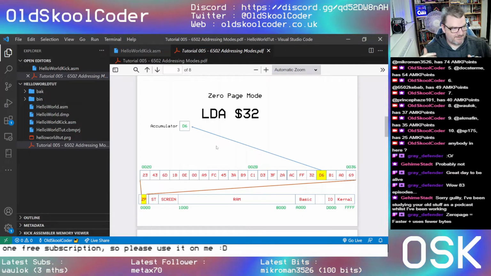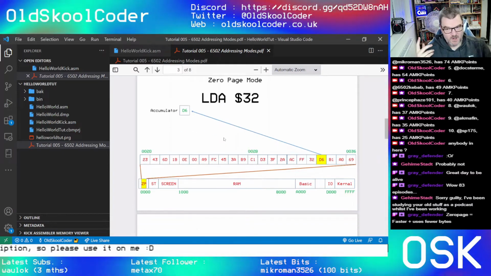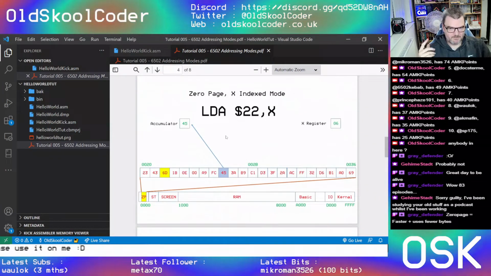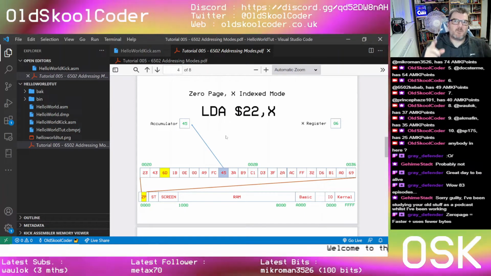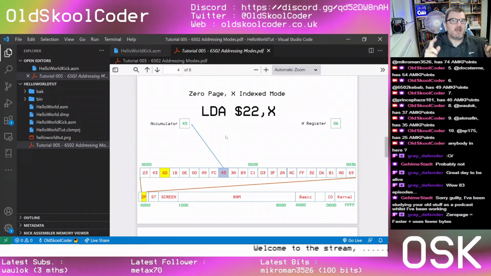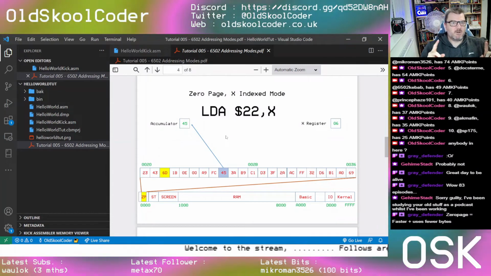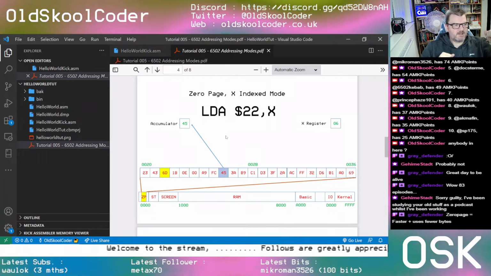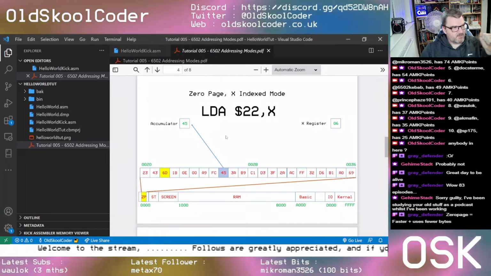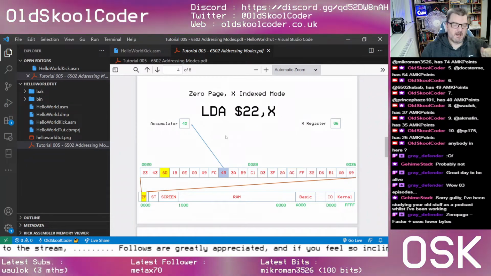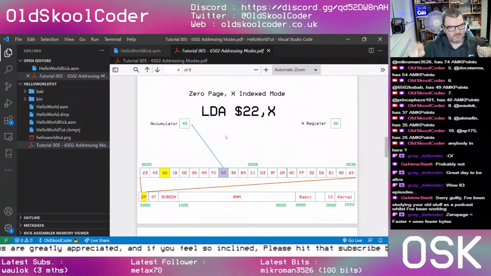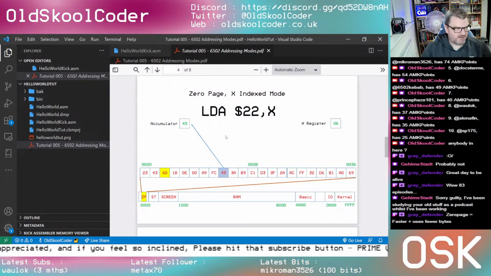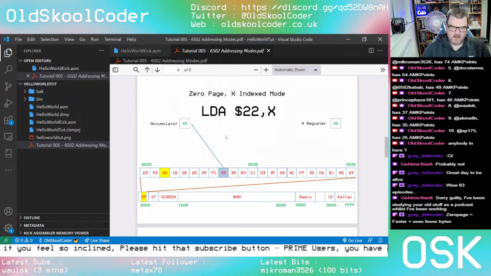Now we start getting more complicated when we go into the next one. This one is exactly the same as load 0 page. The only difference is now you're telling the CPU, 22 is my base. This is my base location I want you to look at, then add whatever's in X. So let's say, as the slide says, X has got 6.